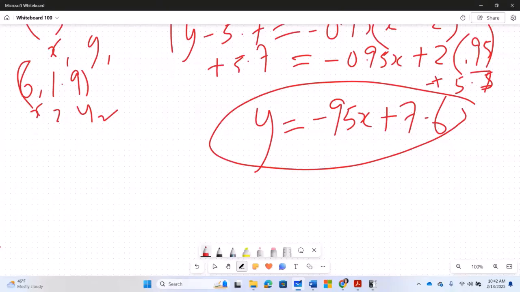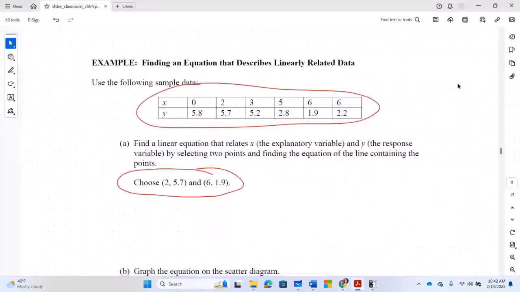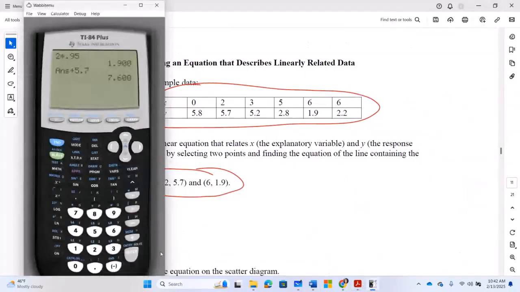So let's get this data again. We're going to go back to the data and do it by calculator. So I'm going to make it large. Put my calculator again, and I'm clear. Go to Stat, clear L1 and L2, because I don't need this data anymore.